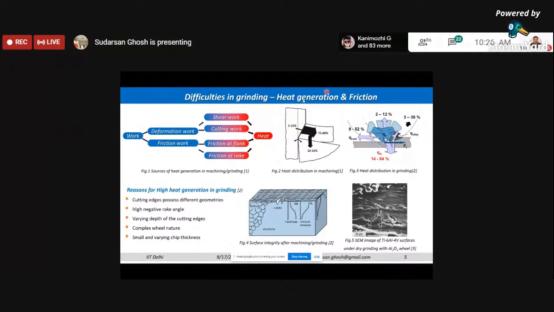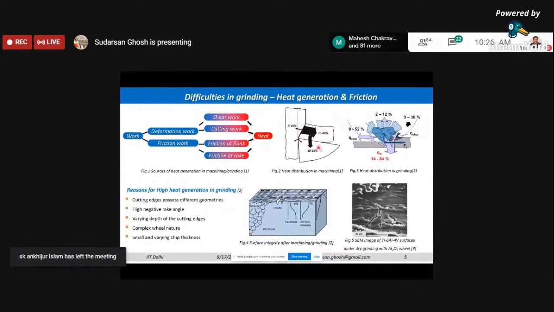But in this case, as you can see, in the metal machining case, the situation is a little bit better in the sense that your chip, which is basically the waste material, we don't want the chip. So once that material is removed, it goes out.